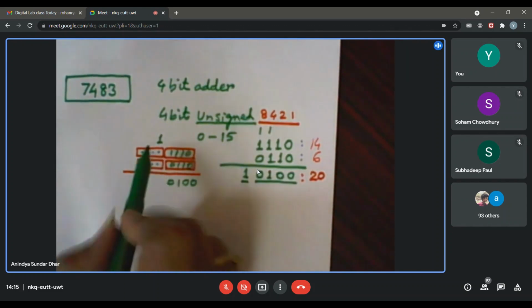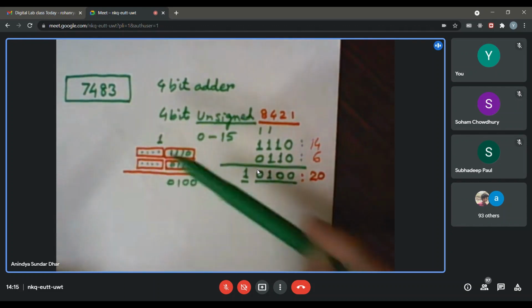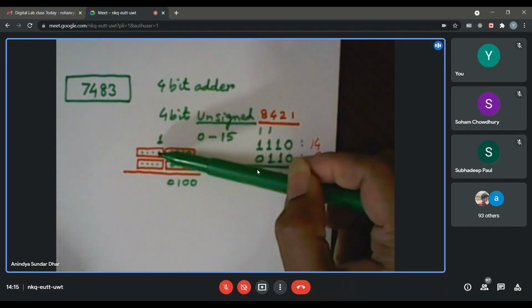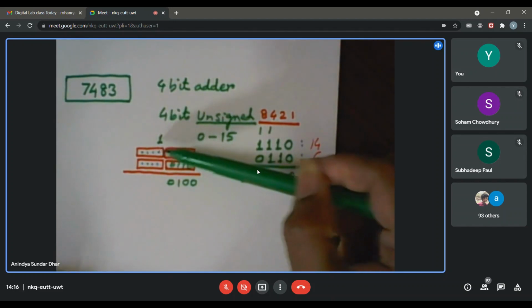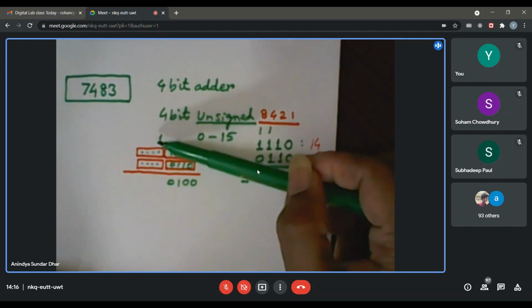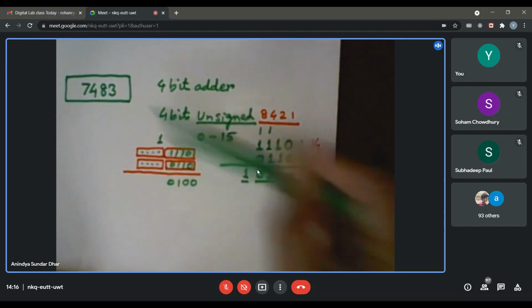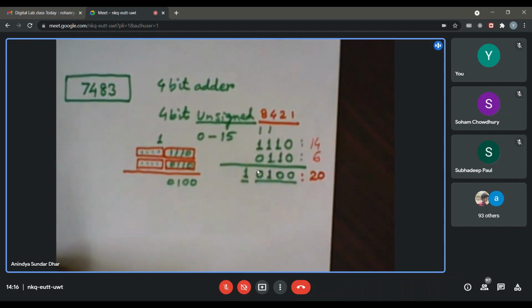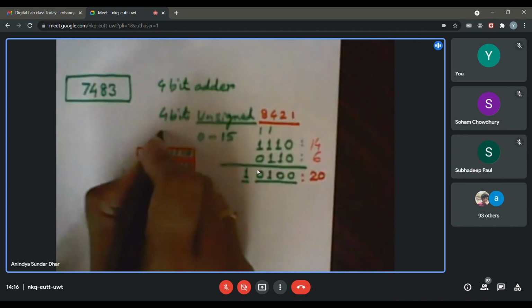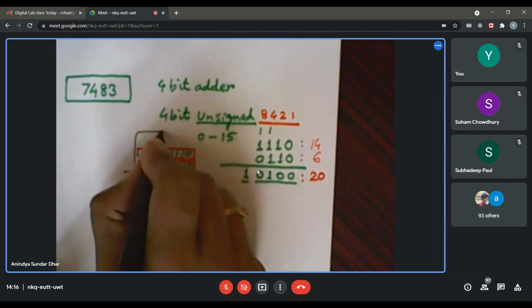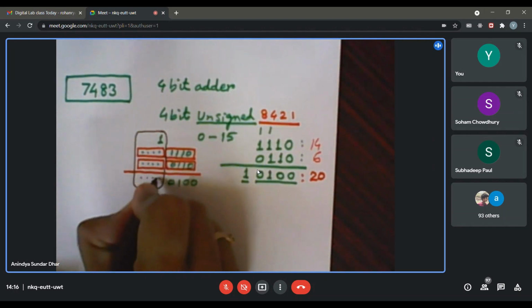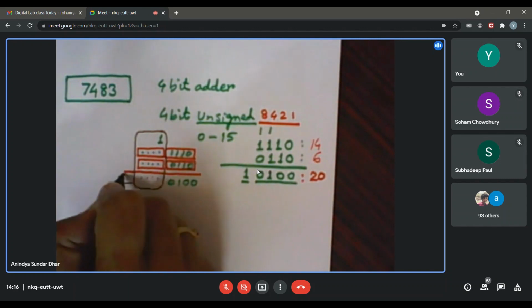So I find that with this 7483, particularly when I want to increase the word length, to add more than 4-bit size numbers, say 8-bit numbers, there might be a provision for a carry generated by another 7483, which I need to accommodate over here. So this higher nibble is basically adding two 4-bit numbers with one additional carry input. It will provide me with a 4-bit sum, and it can also generate another carry.